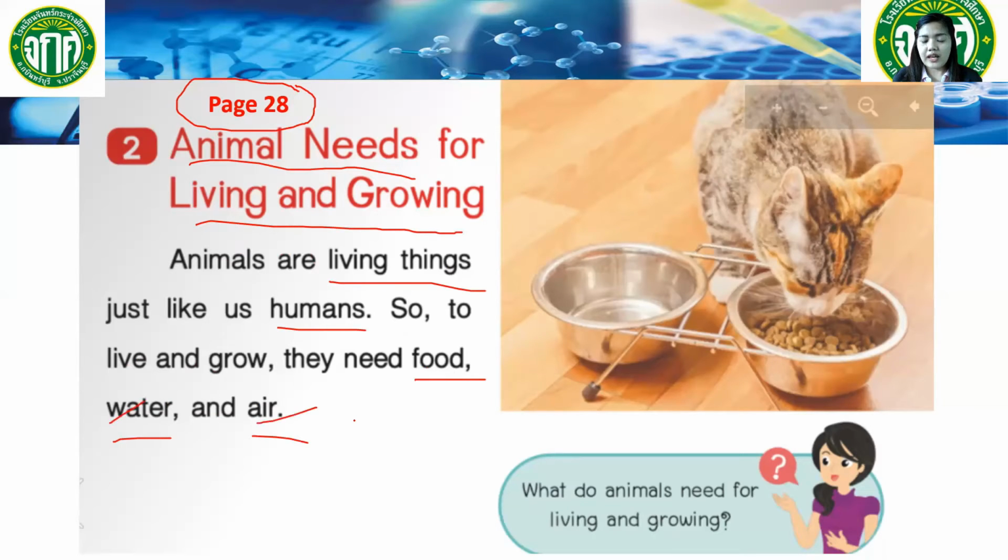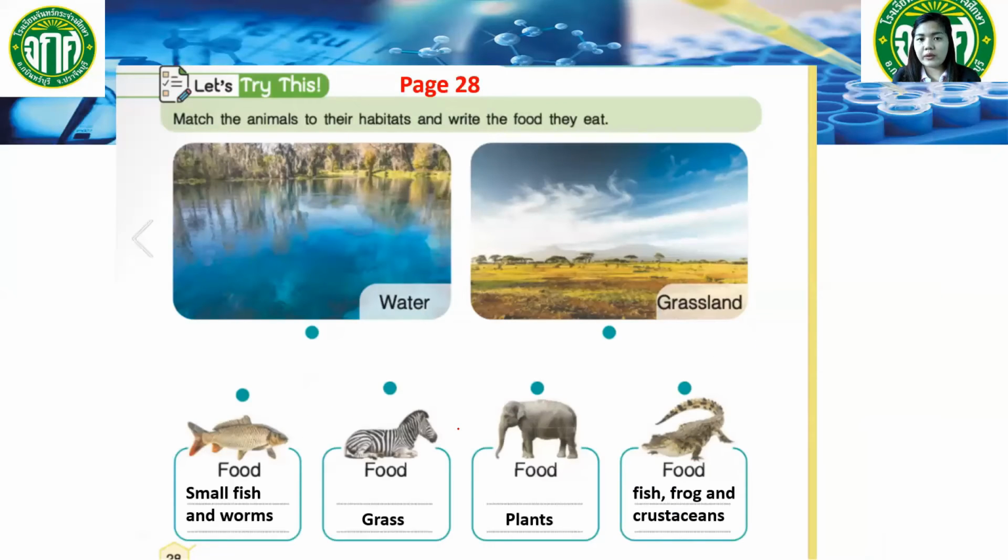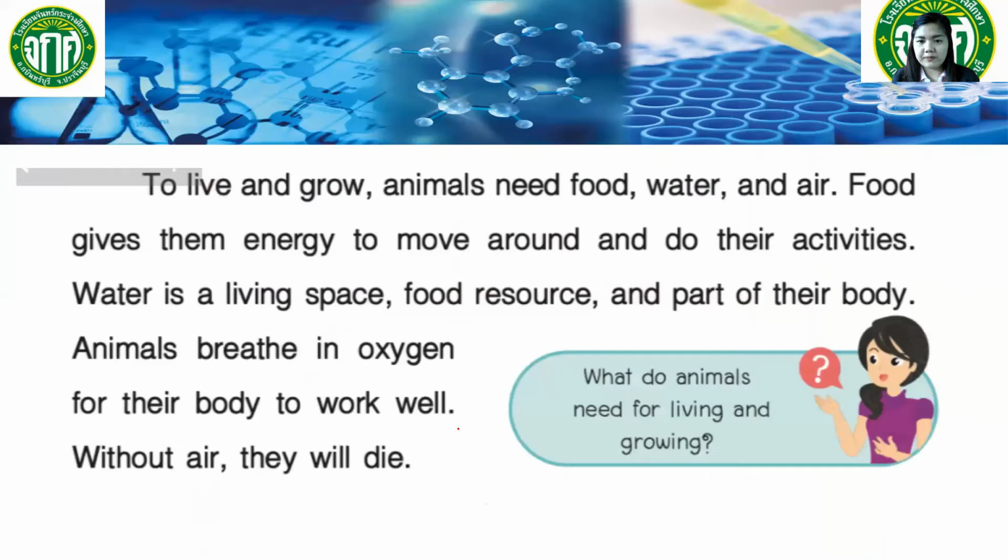Okay, we have an activity here, but we are going to do it later. Kindly move on to the next page. Food gives them energy to move around and do their activities.